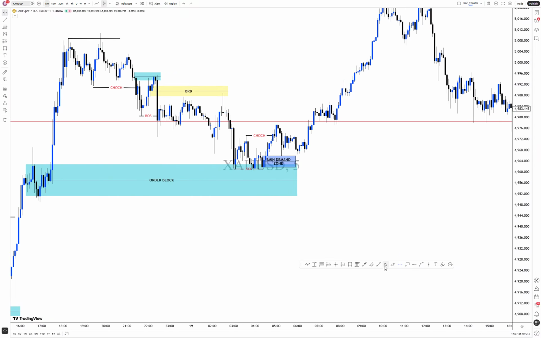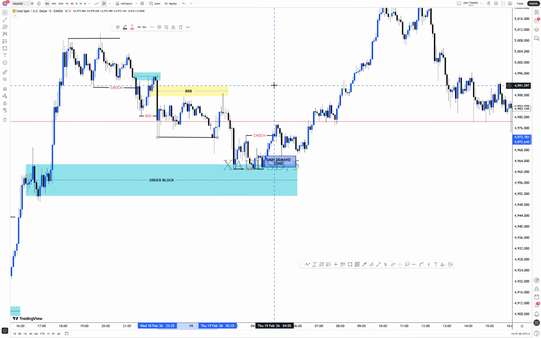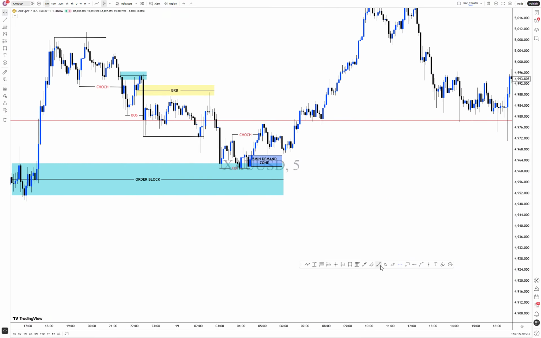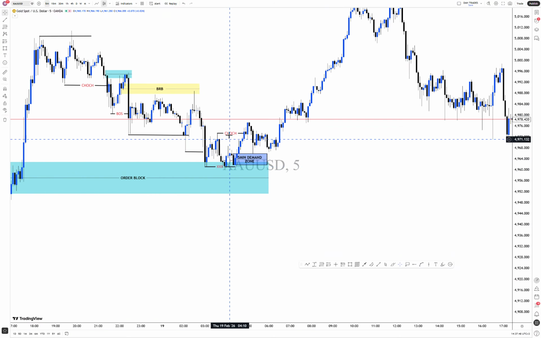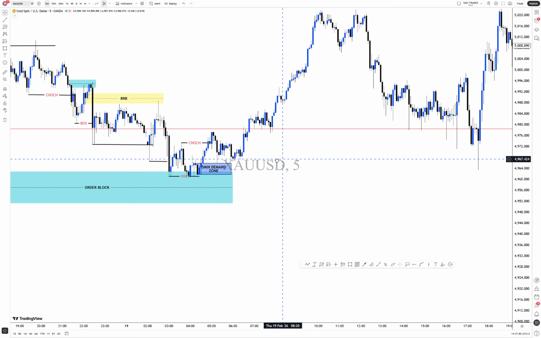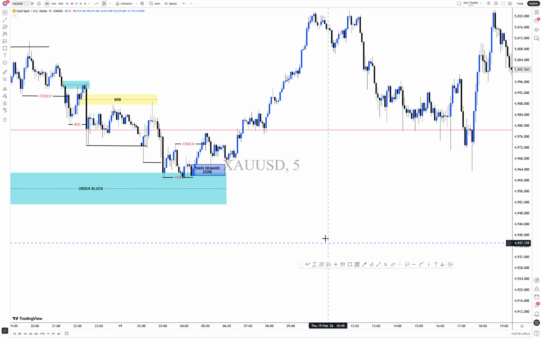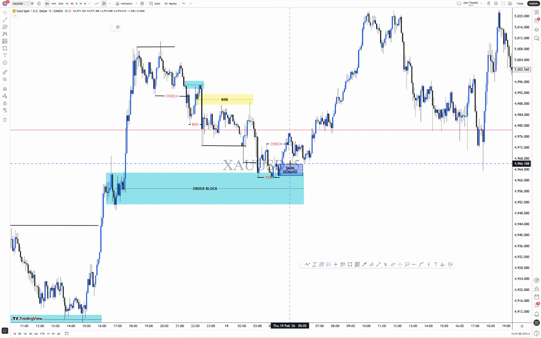Then again, we have this sweep. It's not a clear break of structure, but around this area we have a break of structure, and then you have a sweep here, a change of character. Then after having that change of character, we mitigated that demand, so you could have managed to take a buy from this area.